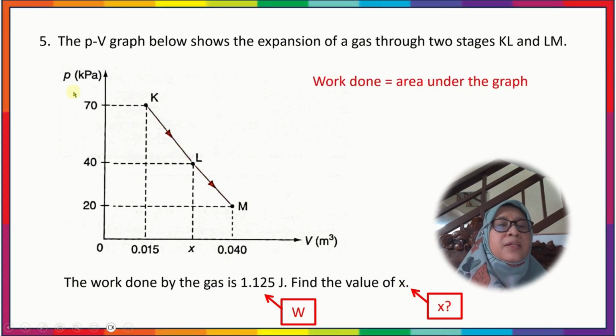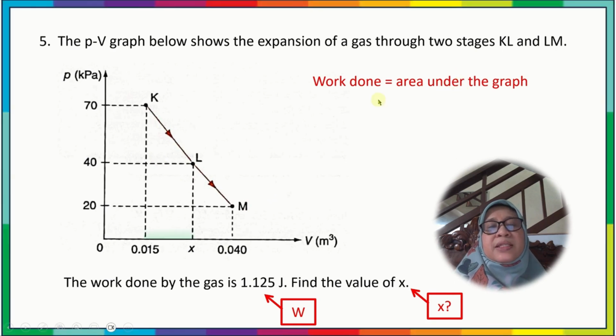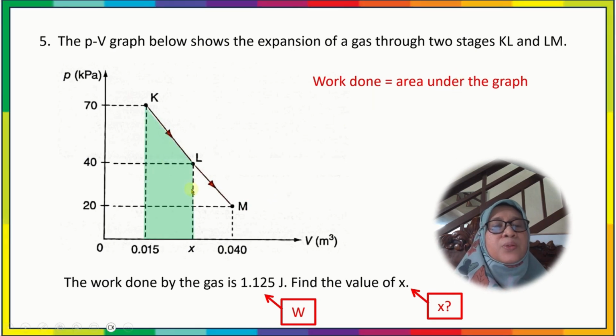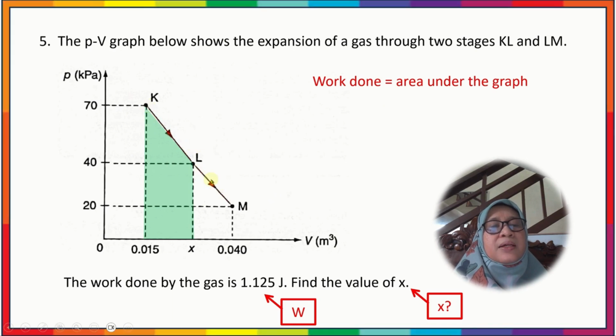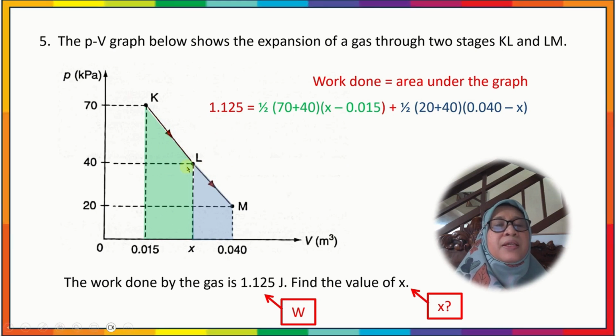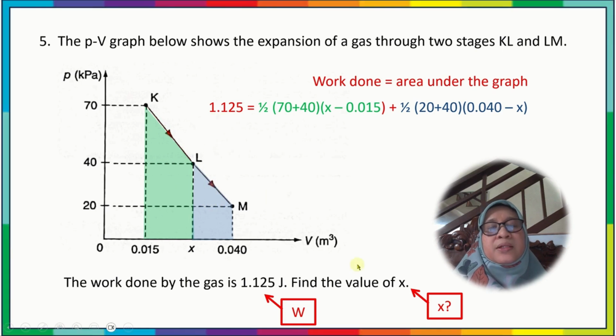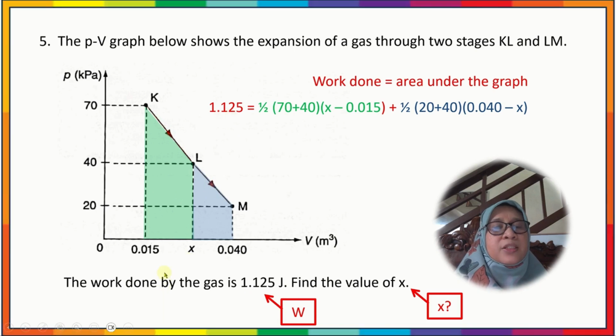Because you are given a PV graph, the area under the graph is equal to the work done. We divide into 2, so the work done by KL plus the work done by LM. So we divide the area into area of trapezium 1 and trapezium 2, and the total work done is given as 1.125, and it is positive, done by the gas.